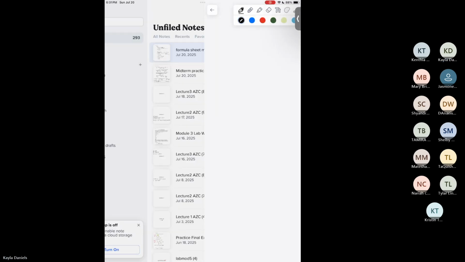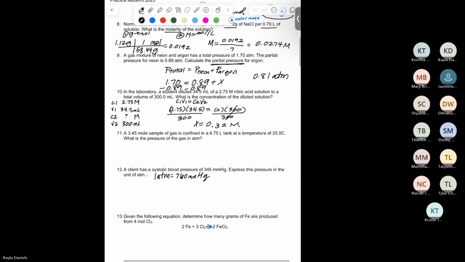Just a reminder, R is going to equal this. Just like the other one, I like to come over to the side and list all my variables. P, it looks like that's what we're solving for. We need it to be in atmospheres.